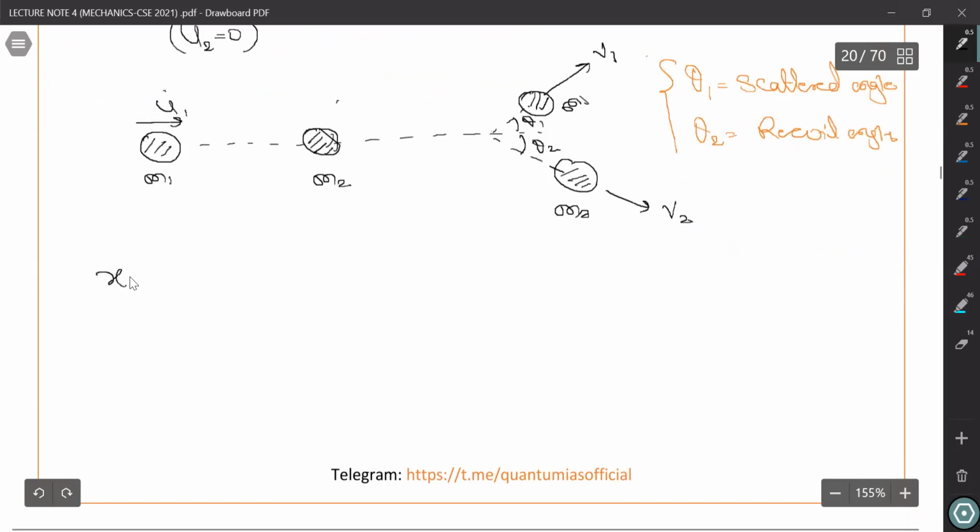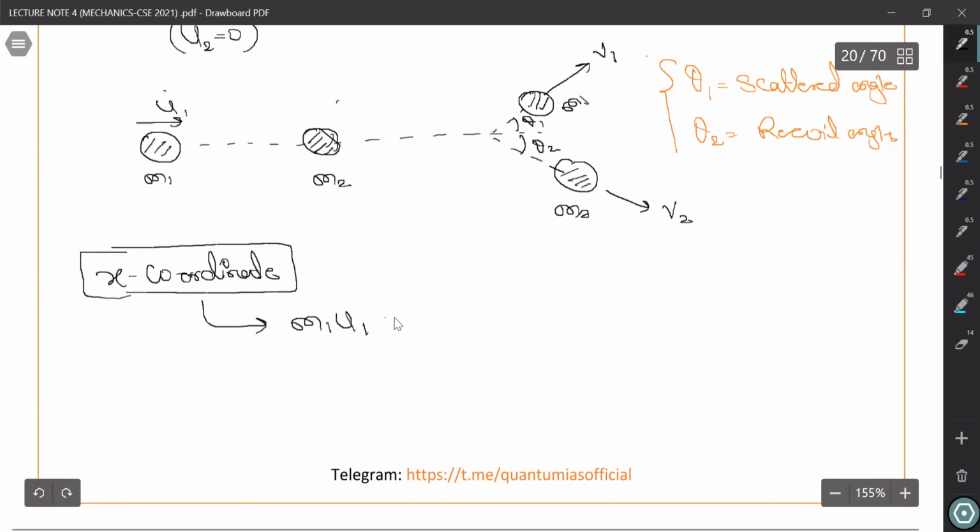So in x coordinate, we know that momentum is conserved. So we can write it as m1 u1 is equal to m1 v1 cos theta 1 plus m2 v2 cos theta 2.